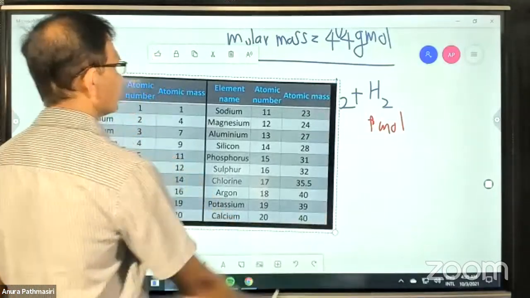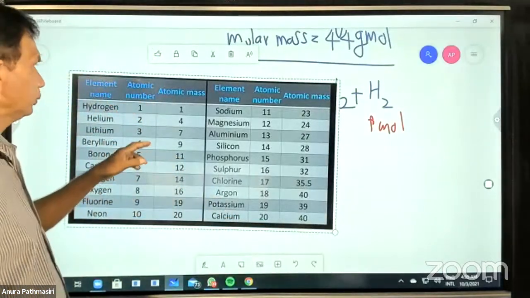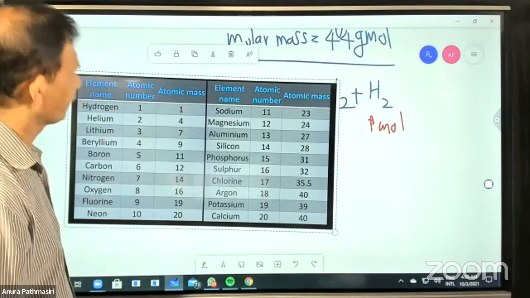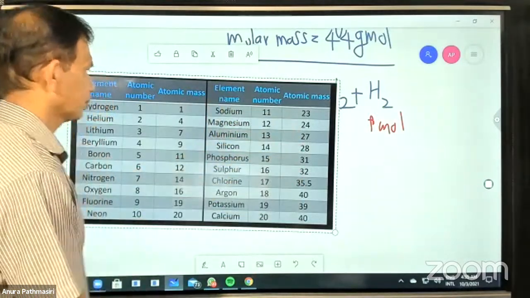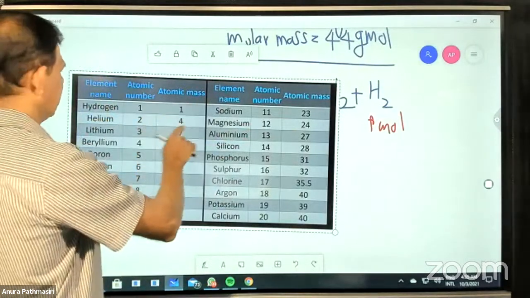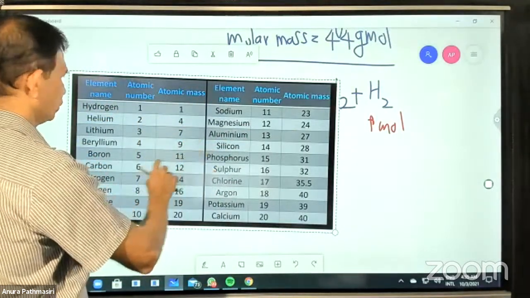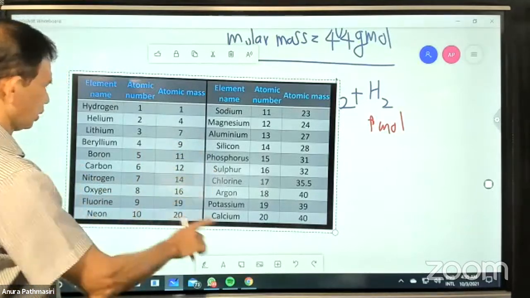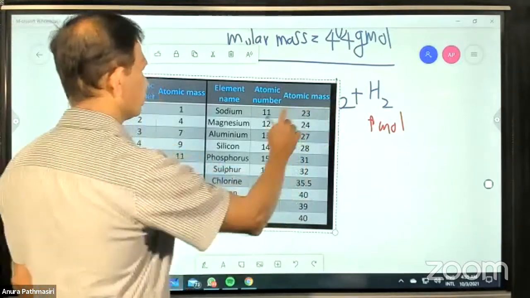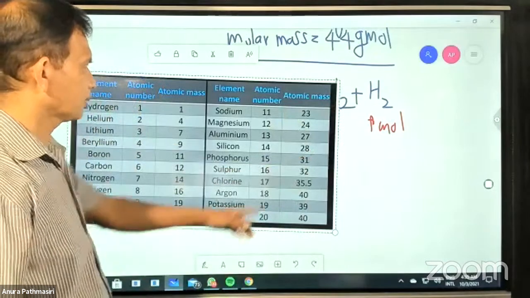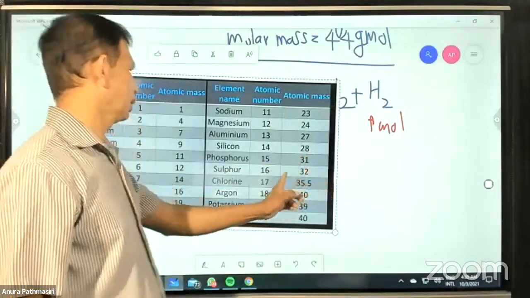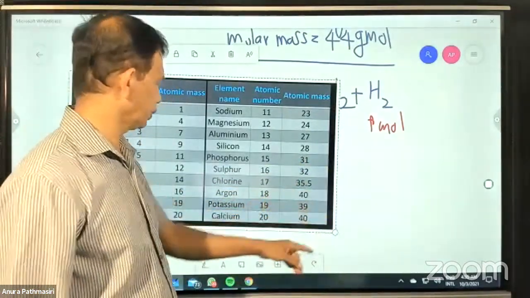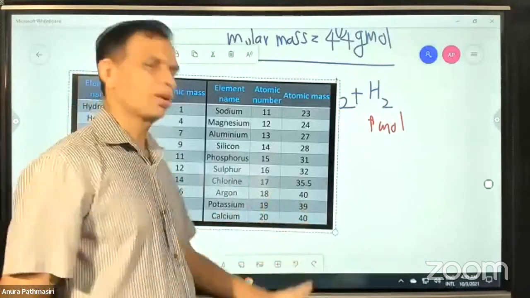So you have hydrogen 1, helium 4, lithium 7, beryllium 9, boron 11, carbon 12, nitrogen 14, oxygen 16, fluorine 19, neon 20, sodium 23, magnesium 24, aluminium 27, silicon 28, and phosphorus 31. Sulfur 32, chlorine 35.5, argon 40, potassium 39, and calcium 40.